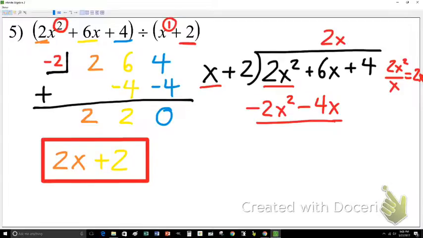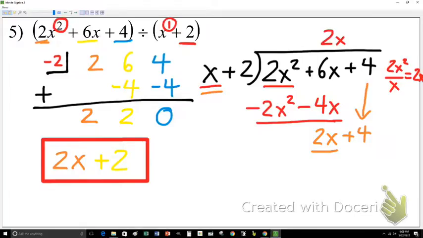Let's use a different color here. So we have 2x. And then we bring down the 4 here. That's the last thing we do. And then the whole cycle repeats over again. Now we divide this leading term, 2x, by the x here.